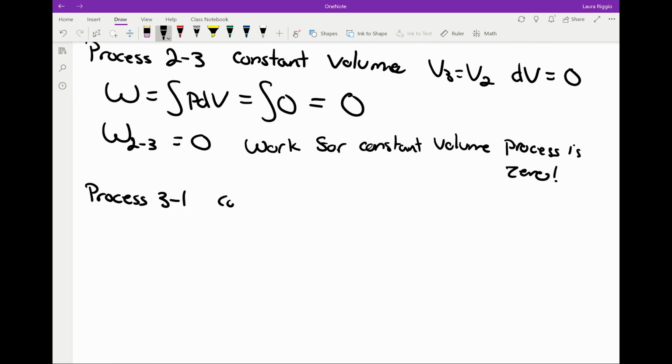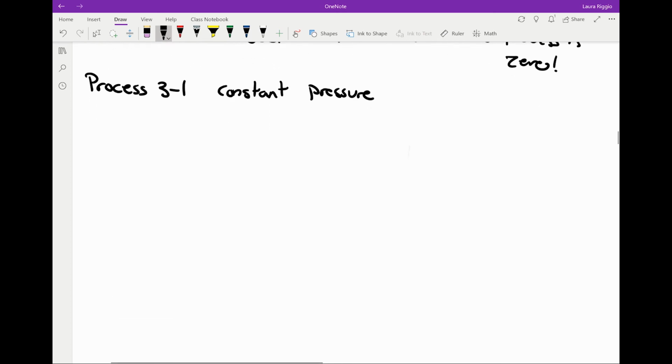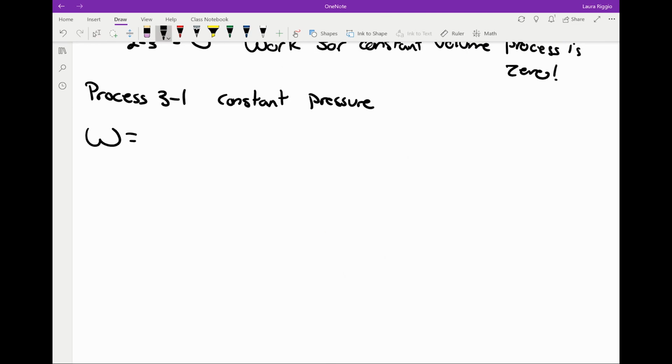Last one we have is process 3 to 1, which is constant pressure. So work is equal to the integral of P dV.